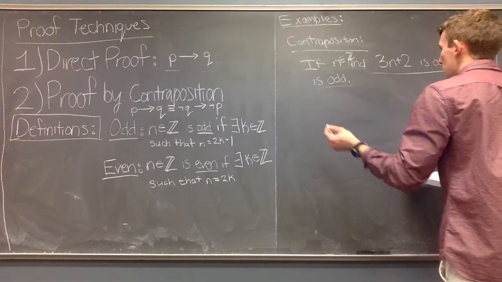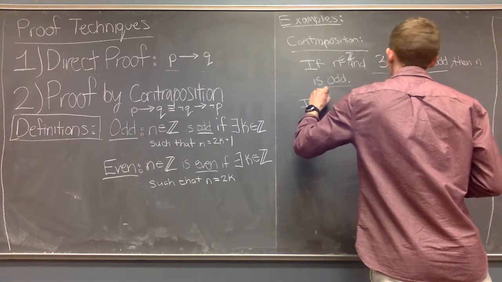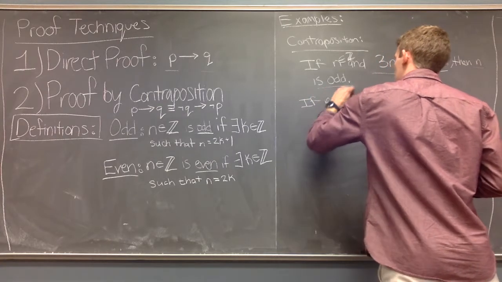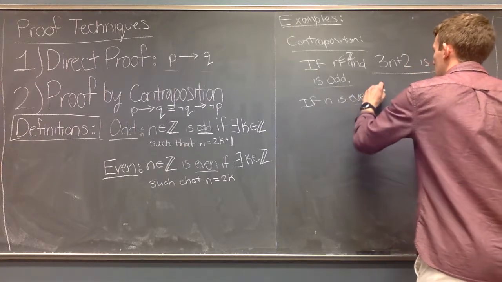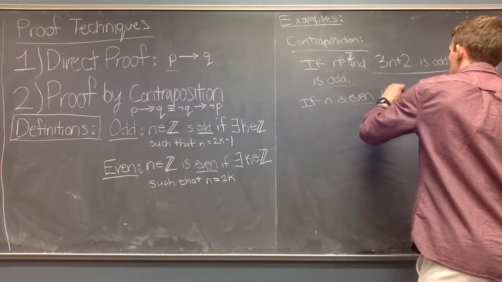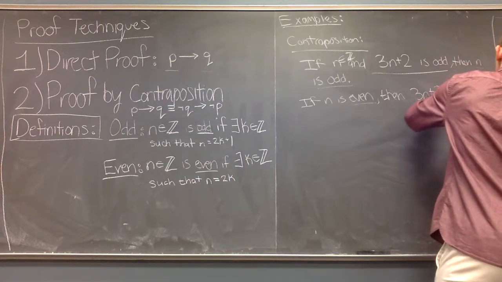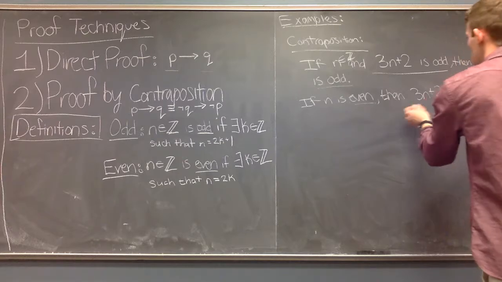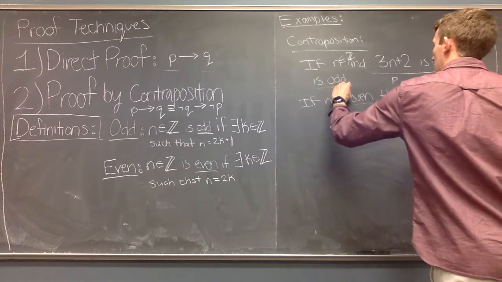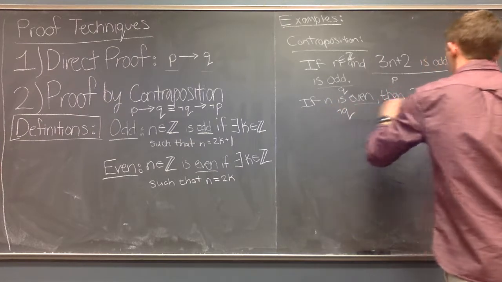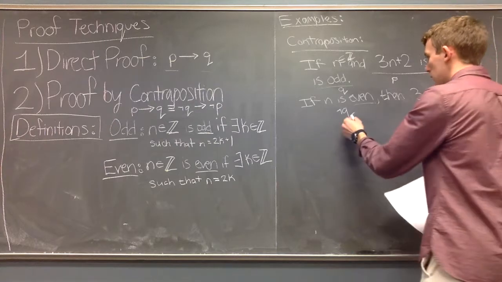So if we take not Q, that means if n is even, so the negation of odd is even, this means then 3n plus 2 is even, which is not P. Okay, so let's assume not Q is true.